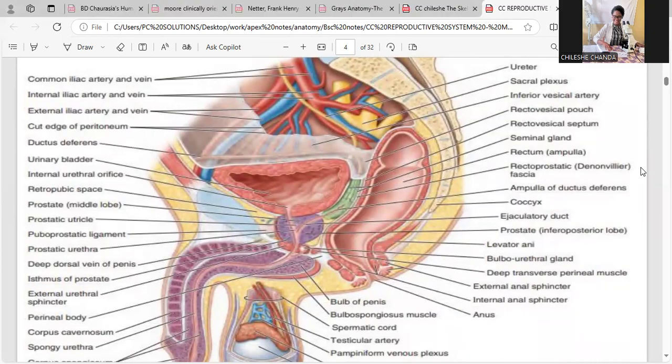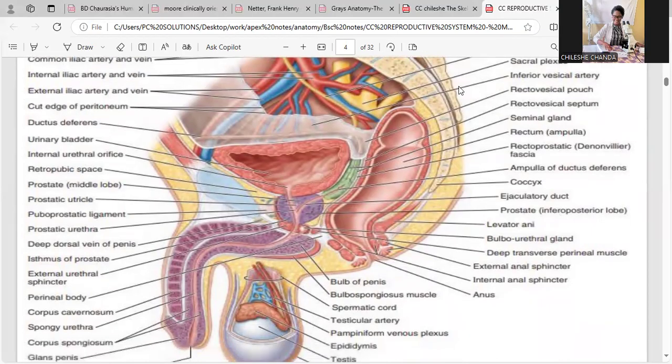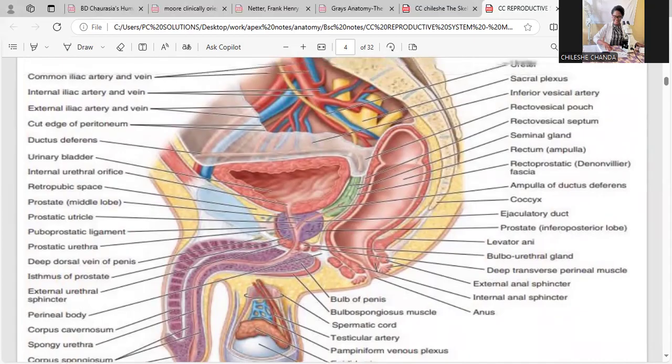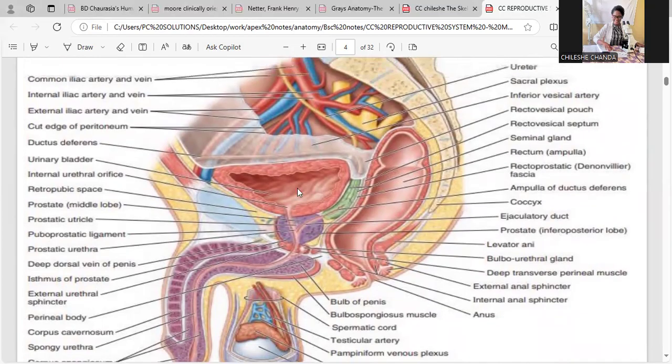So this is just a diagram to show you how the internal and external organs are arranged, and the blood vessels that take blood to the organs of reproduction.